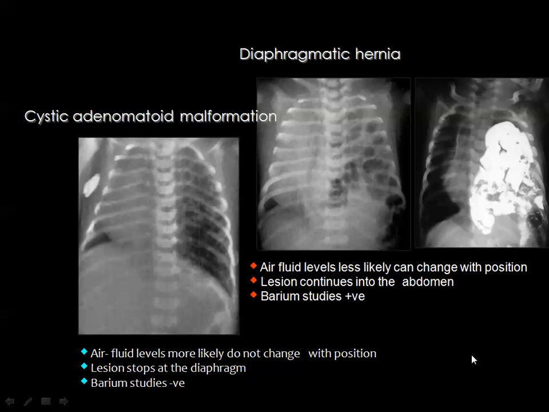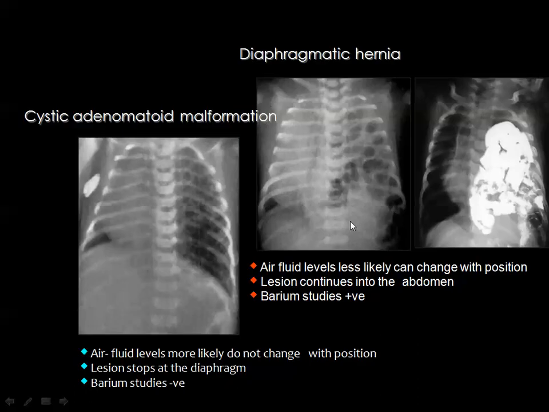diaphragmatic hernia. Then, if you see multiple air-filled loculi in the hemithorax of an infant or a child, think first of diaphragmatic hernia because it is more common.